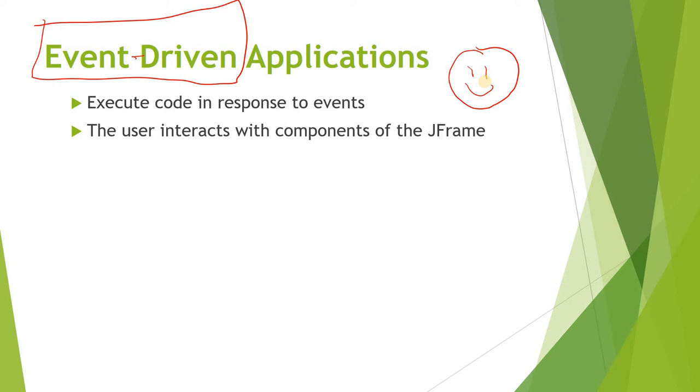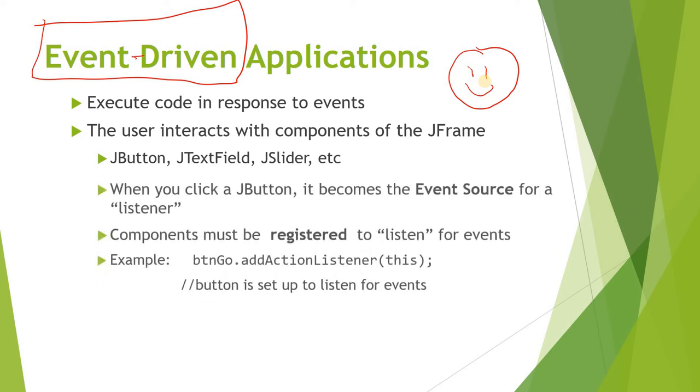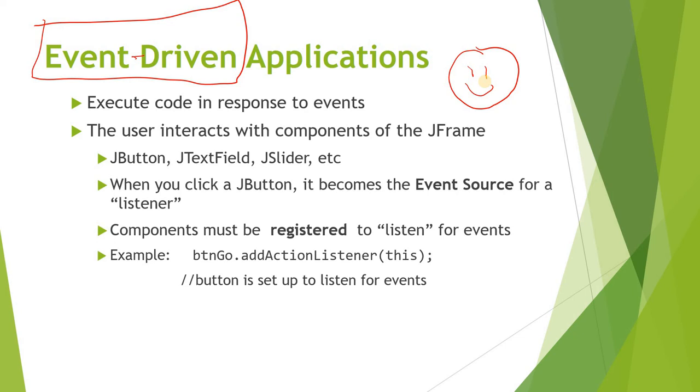So the user interacts with the program by interacting with a text field, a slider, or what have you. And that component becomes the source of a listener. So you have to register your components, your buttons, your text fields, any component you like, to listen for events. Once you create the button, it's great, it looks pretty, but it does nothing unless you register it.